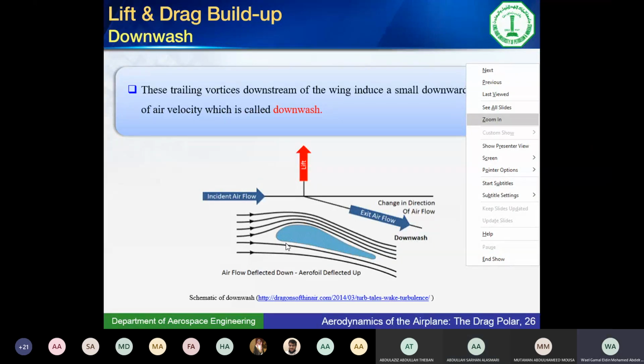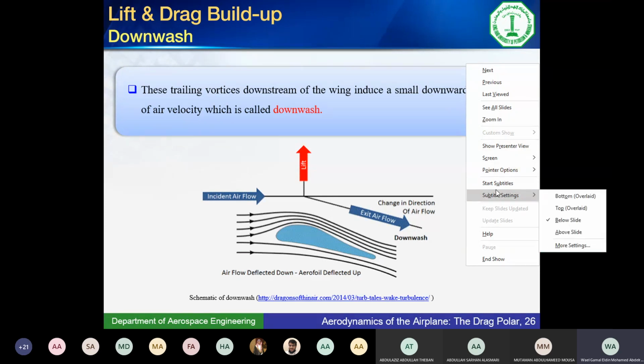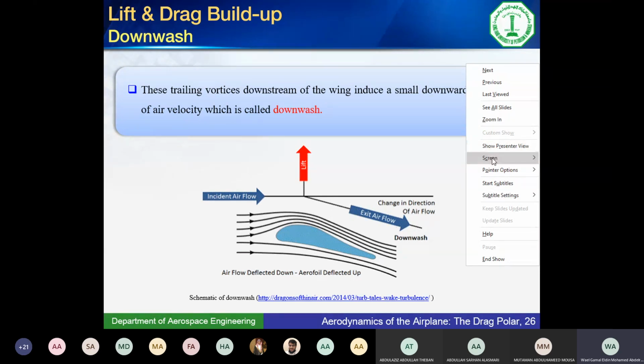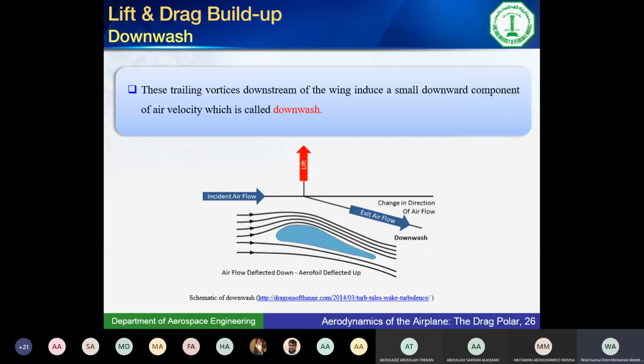Airfoil is the two-dimensional shape that we have here. Once it starts to have 3D, it has a name. Let me bring that picture here.